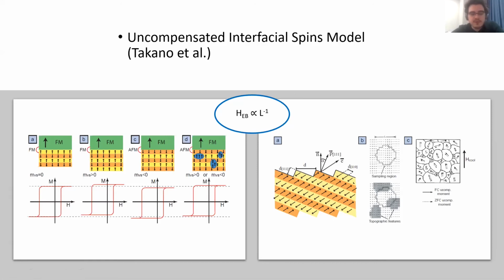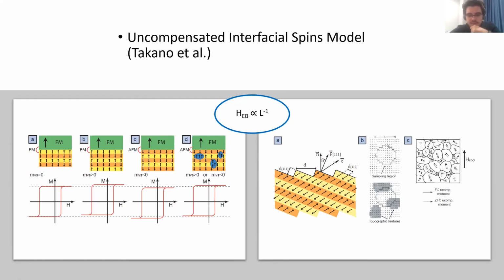If we have ferromagnetic interaction between the AFM and FM surfaces and also an uncompensated surface, we observe an upward shift in our hysteresis loops. If we have antiferromagnetic interaction, we observe a downward shift. And part D explains some different experimental findings in papers.